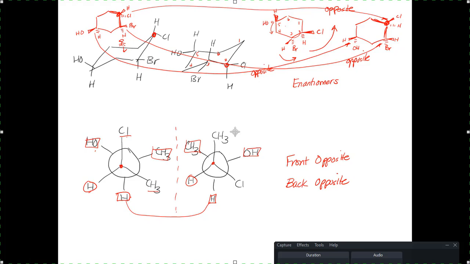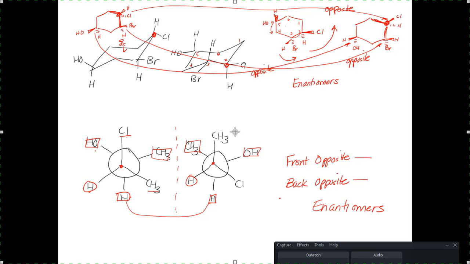So there are a couple ways to determine that the back carbon was opposite. In that case, these 2 hydrogens are oriented the same, so I just have to do 1 switch. Now, the front chiral centers are opposite, the back chiral centers are opposite. What does that mean? That means this set of molecules are also enantiomers.